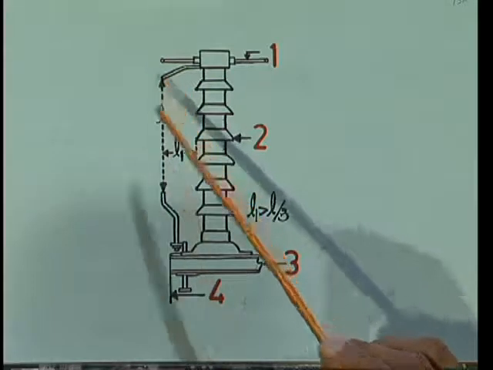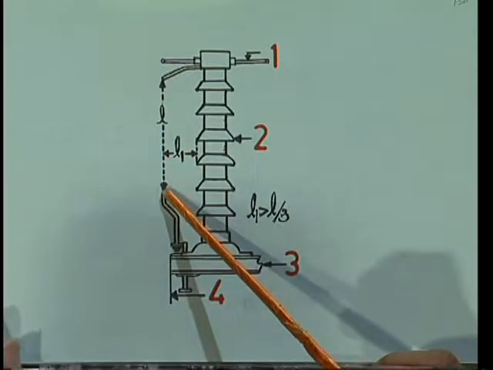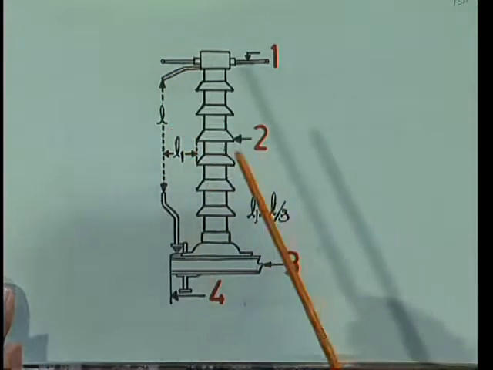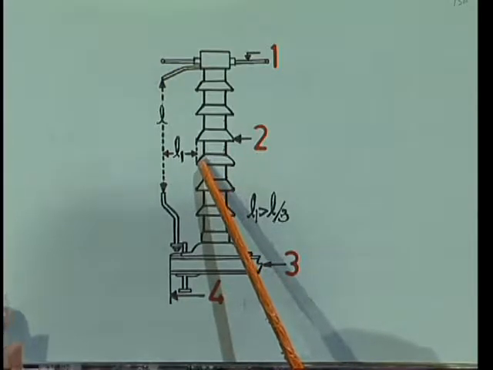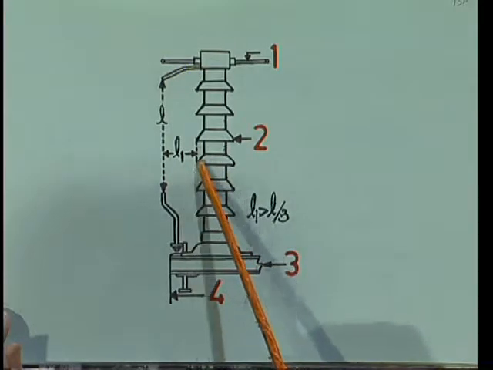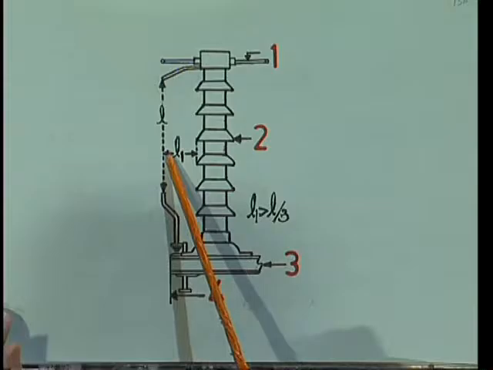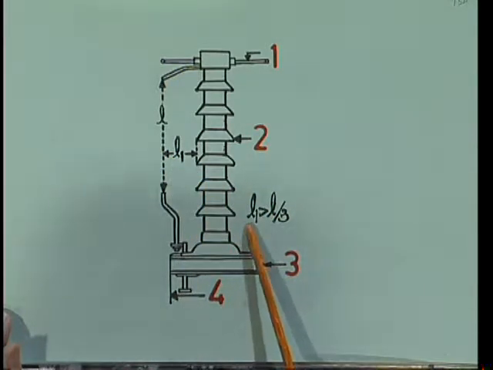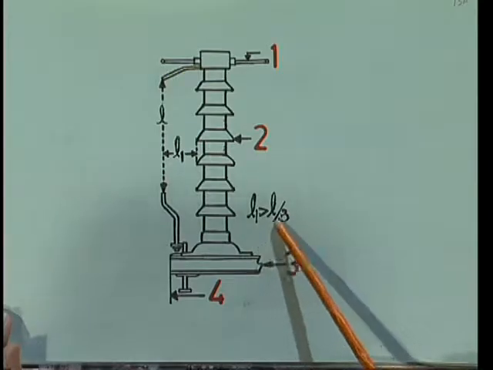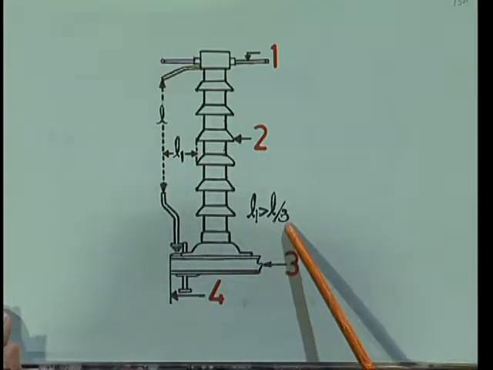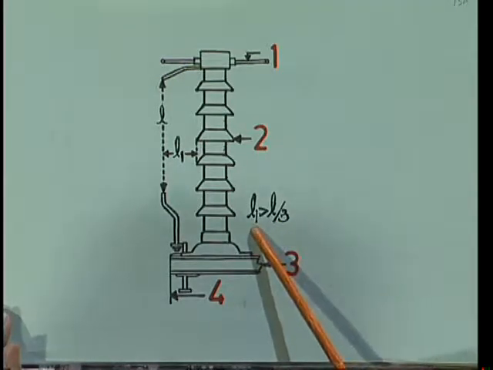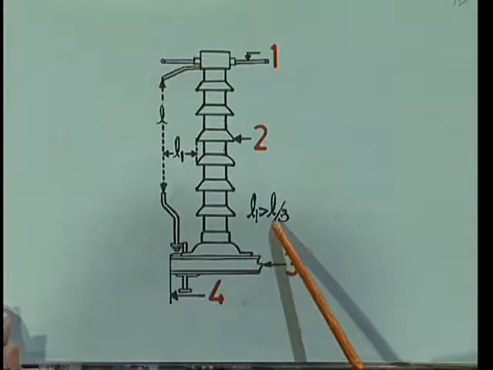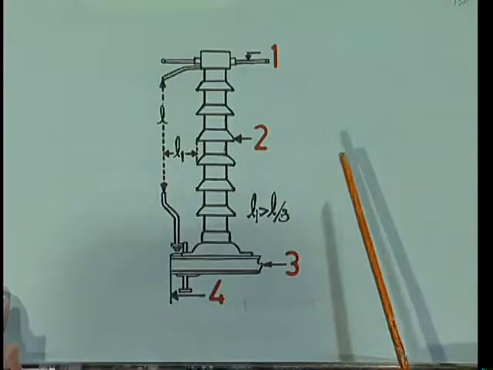Here there is a gap, and the gap length is L. Also there is a distance between the porcelain insulator bushing and the axis of the gap, that is L1. This L1 is always greater than L by 3. So, this is the construction of the rod gap arrestor.